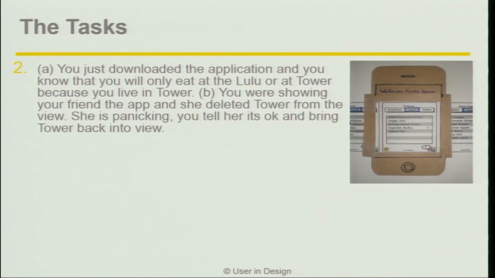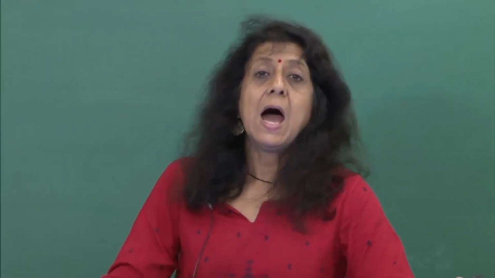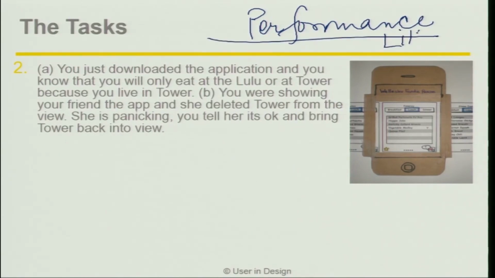Can you show me how you will do that? You're not asking them, do you like this design or not? You're saying, can you show me how you will do that? So again, we are gauging the user's performance, not whether or not they like it. That doesn't matter.